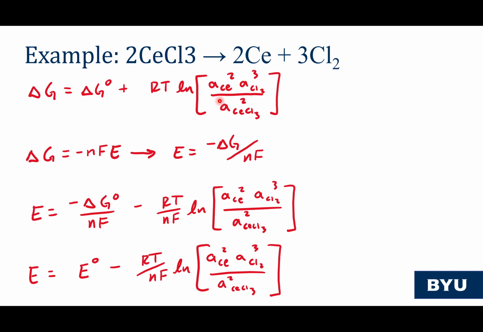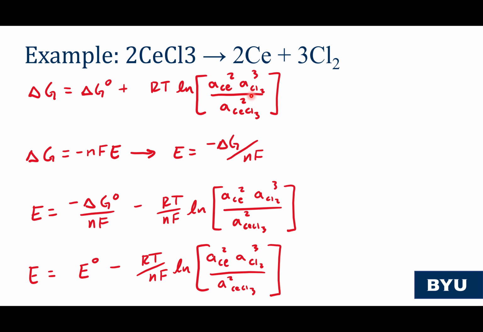And so we raise the activity of cerium to the second power because of its stoichiometry, the activity of chlorine gas to the third power for the same reason, and then those are both divided by the activity of cerium chloride to the second power.